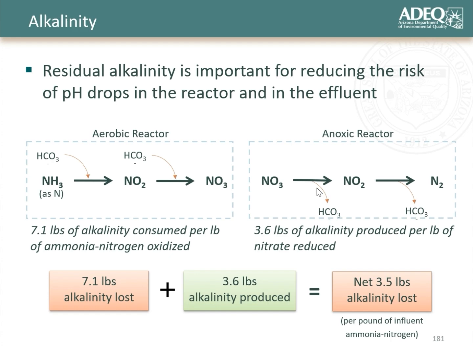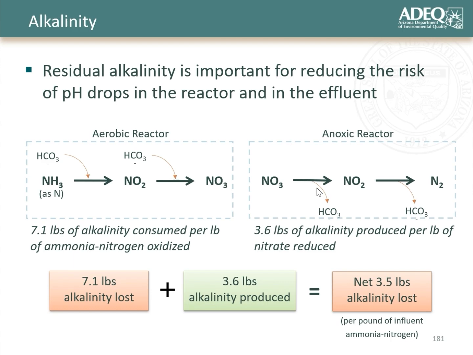On the benefit side, though, denitrification, the process of going from nitrate to nitrogen gas, actually produces alkalinity, about 3.6 pounds of alkalinity per pound of nitrate reduced. So if you look at the net between the two, with a nitrification and denitrification system, you only lose about 3.5 pounds of alkalinity.